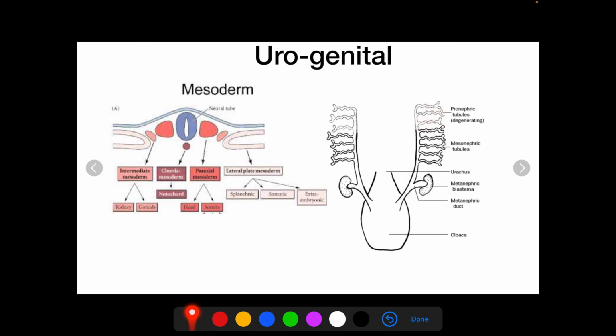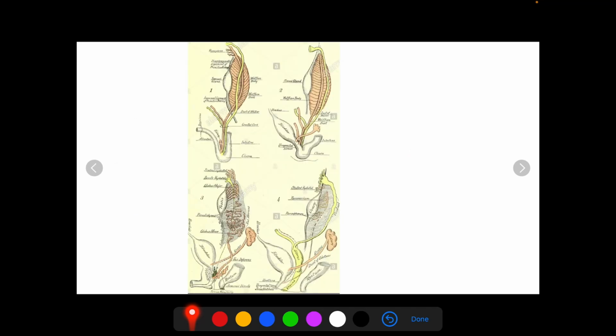Then this pronephros will dissolve, and it forms the mesonephric tube. Then part of this mesonephric tube will be the metanephros and ureteric bud. Then this mesonephros changes to other structures, as we see.